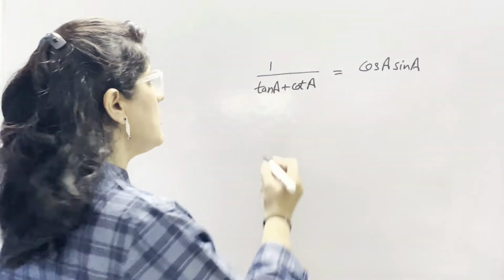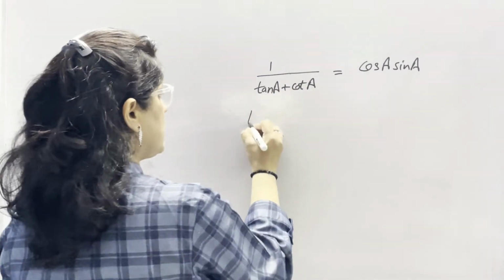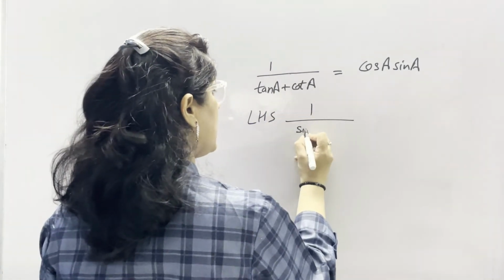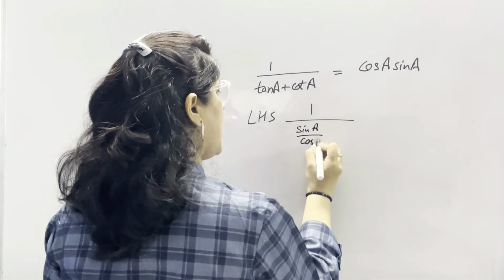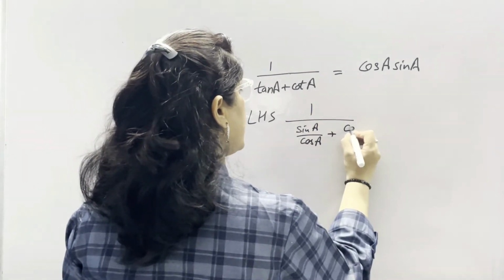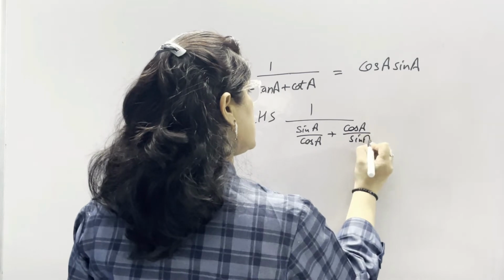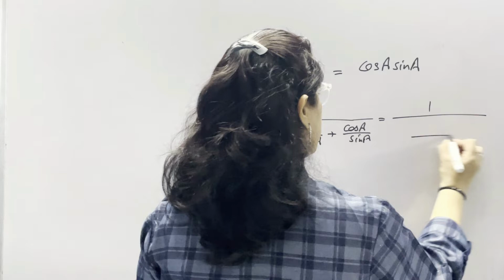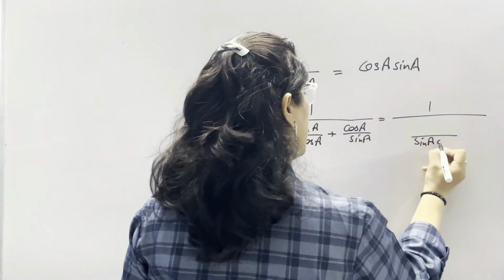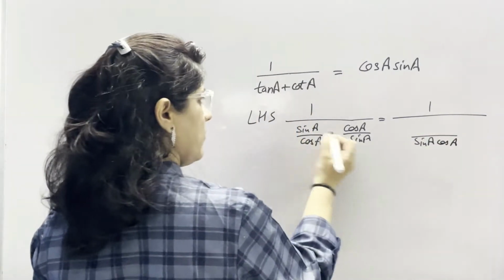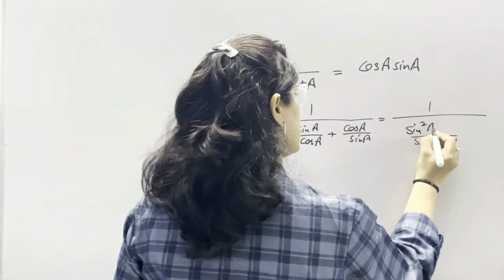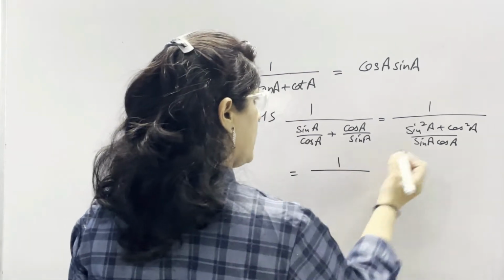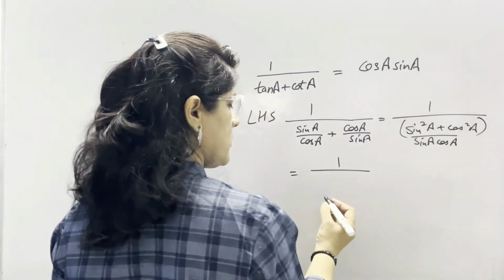One more easy question, 1 upon tan A plus cot A. We will start with LHS, 1 upon. Now we know the value of tan A in terms of sin A and cos A, it is sin A upon cos A. And what is cot A? It is cos A upon sin A. Then 1 upon, in the denominator LCM is sin A into cos A. Then multiplying sin square A plus cos square A. It means 1 upon, we know the identity sin square plus cos square is 1.